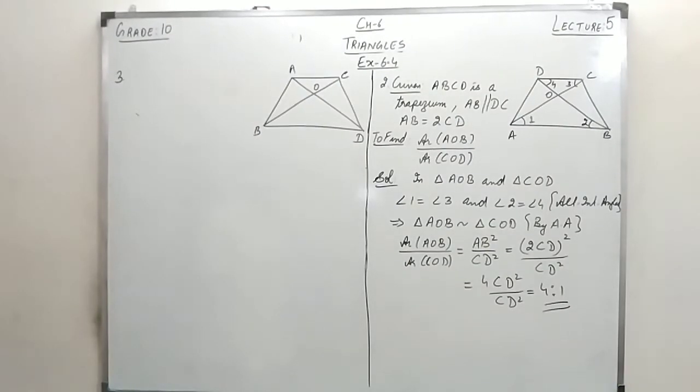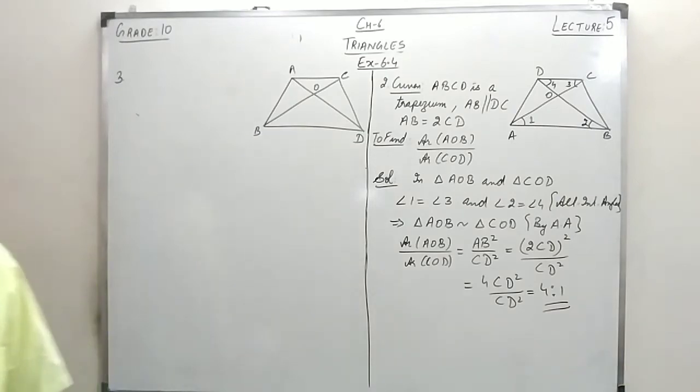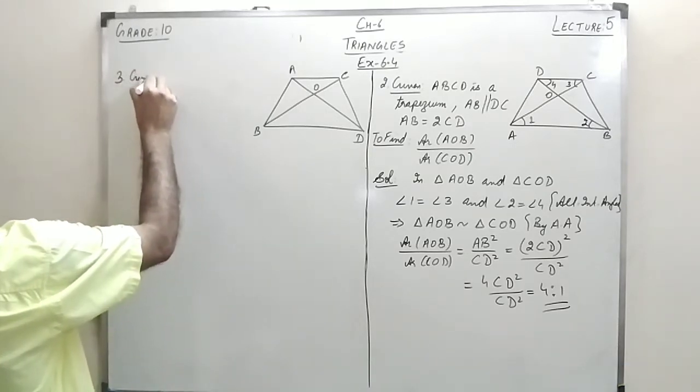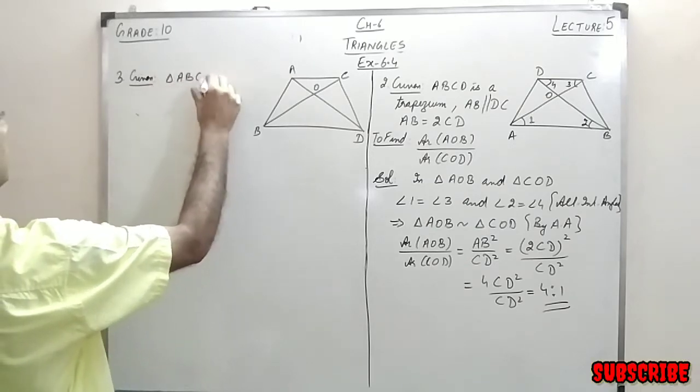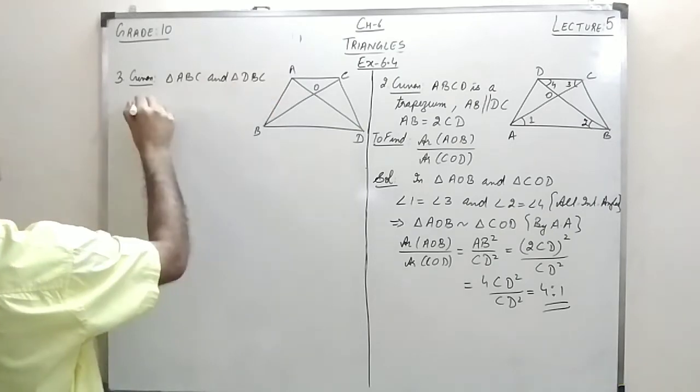The third question is given that we have two triangles ABC and DBC which have the common base BC, and AD intersects BC at O. We have to show, first of all, what is given to us. Let's write those things. That triangle ABC and triangle DBC have a common base.